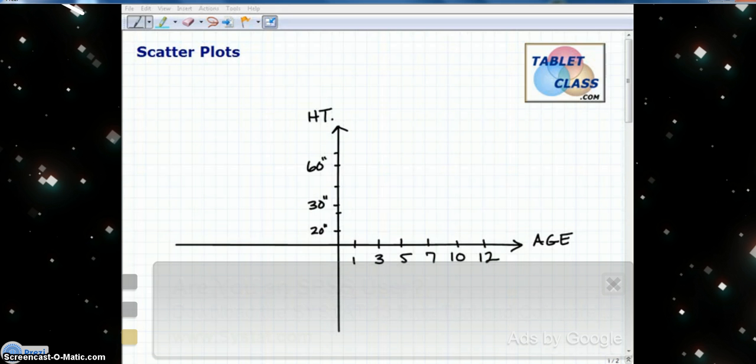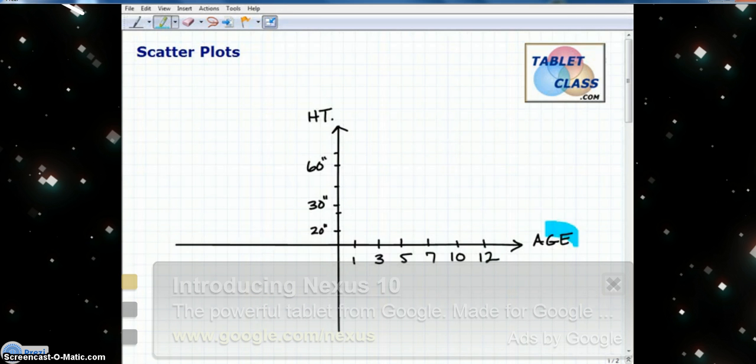I'm just going to go over a quick example to hopefully illustrate the main concept behind a scatter plot and some of the terminology that goes along with it, and hopefully you'll find this of value if you're studying scatter plots. Here I have an XY axis set up.